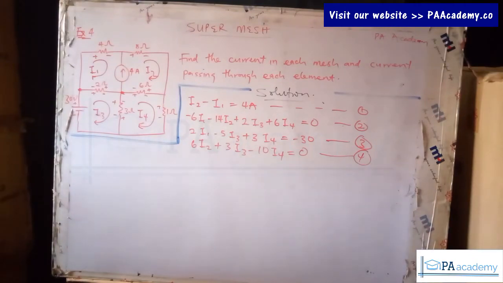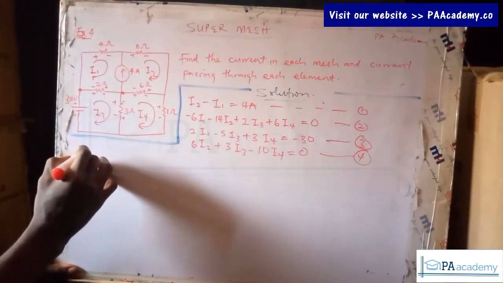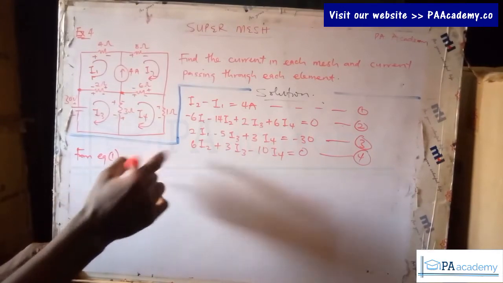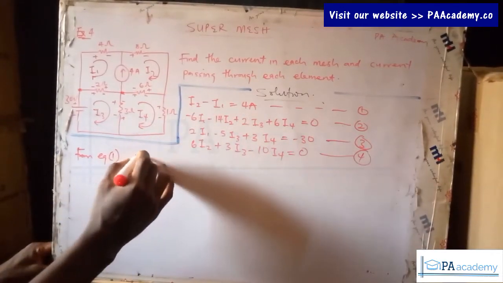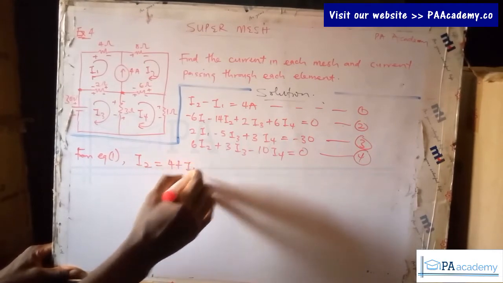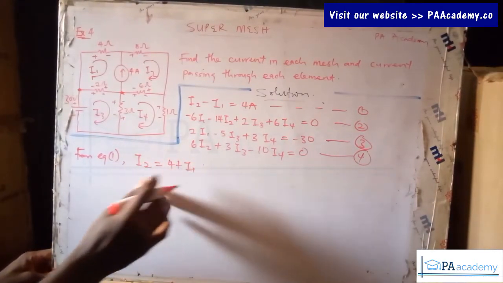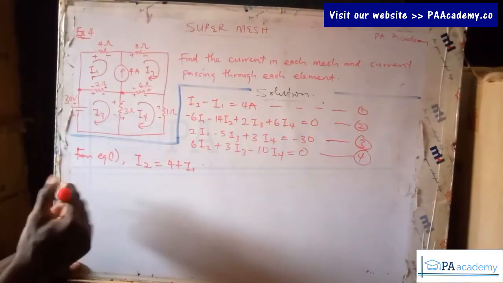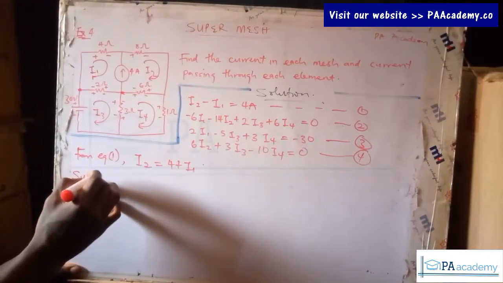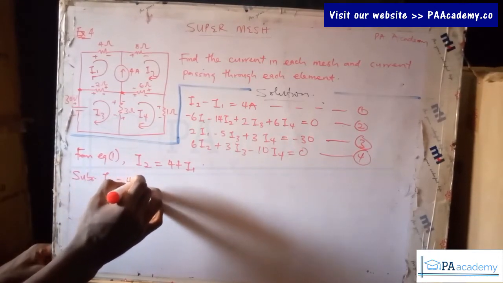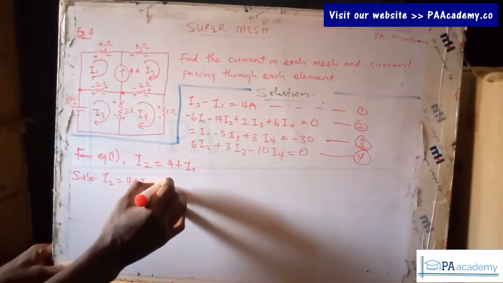So for us to simplify it, from this equation 1, we can take it as I2 equals 4 plus I1. Are you following? So we are going to substitute I2 equals 4 plus I1 into equation 4.